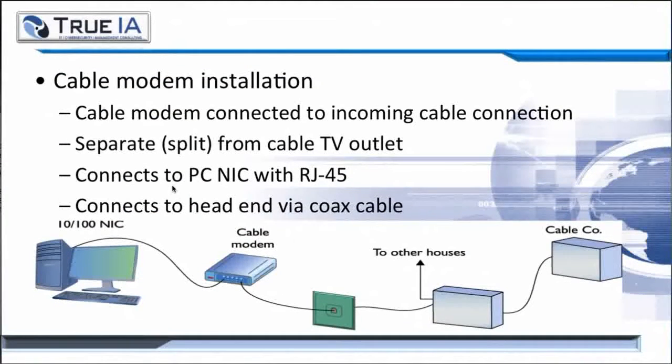The installation of a cable modem, just like DSL, is very straightforward. The cable modem is connected to an incoming cable connection. Then you will take that cable connection and split it out. One will go to your TV and then the other to the cable modem itself. You'll connect to the PC NIC with an RJ45 and to the cable modem via a coax cable.